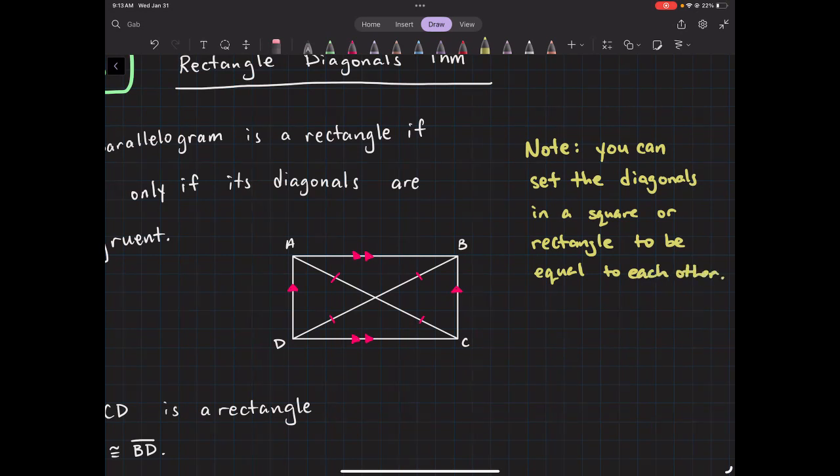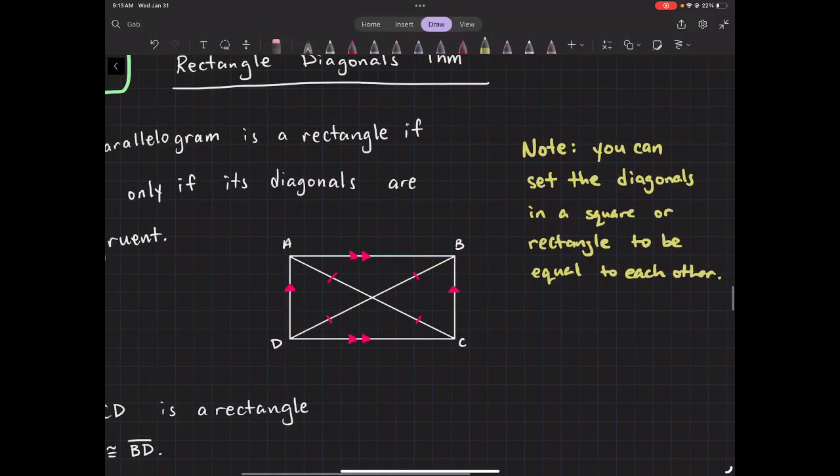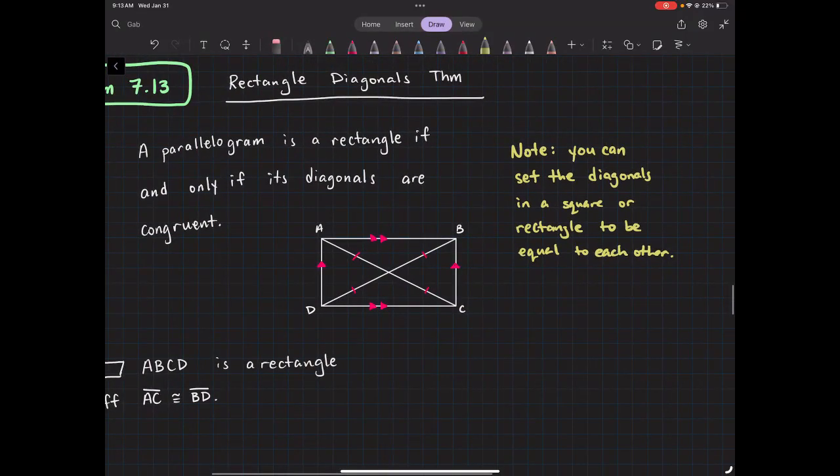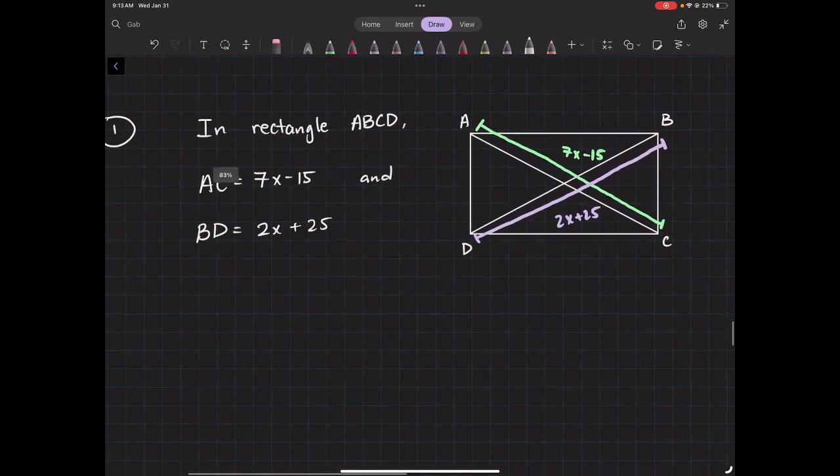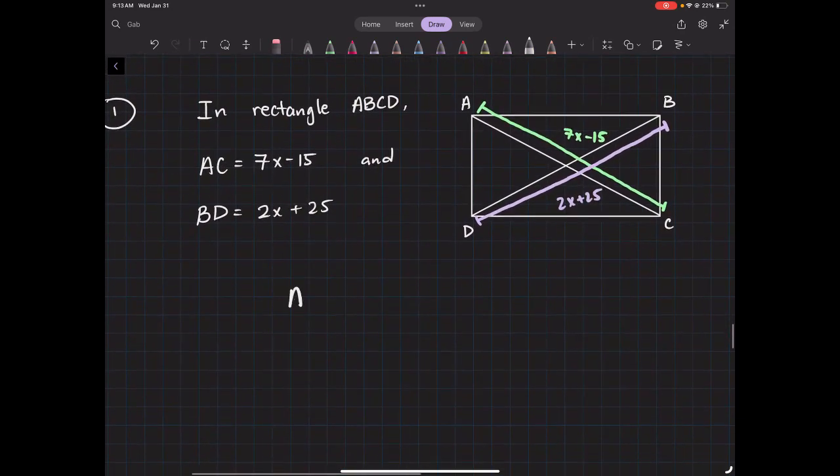This note will carry you through some of the problems towards the end of our homework. So we'll set them equal to each other. AC is equal to BD.